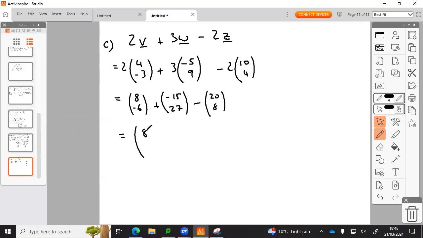Bring them all together. 8 plus -15 minus 20, minus 6 plus 27 minus 8. So minus 35 plus 8 is minus 27.